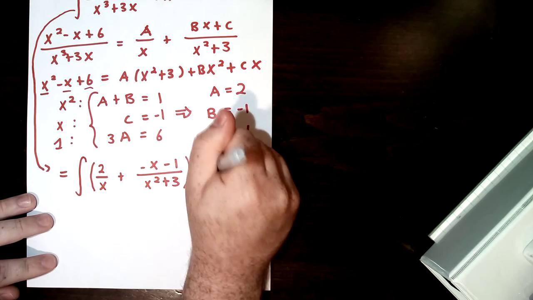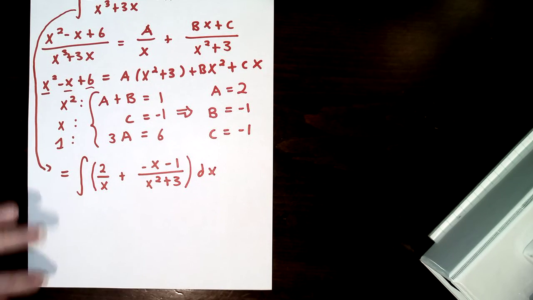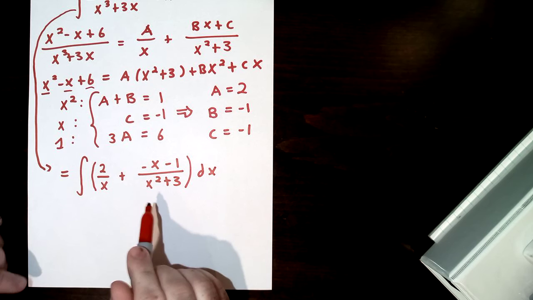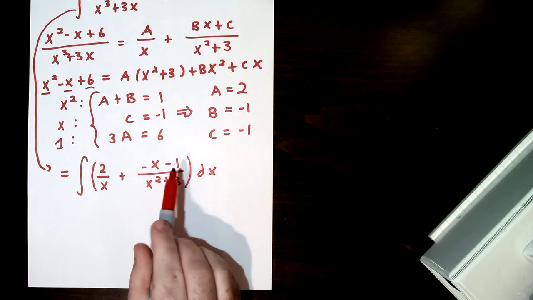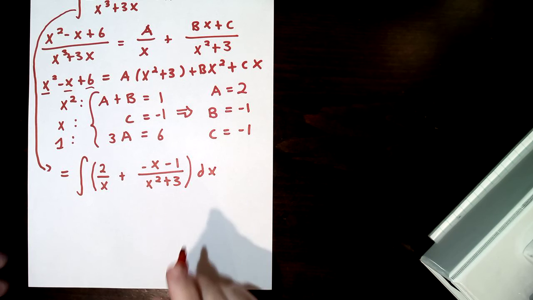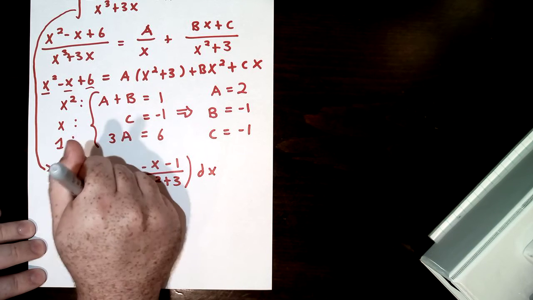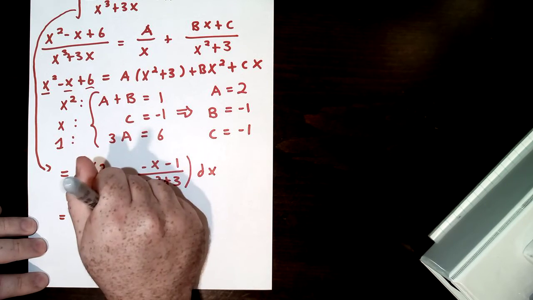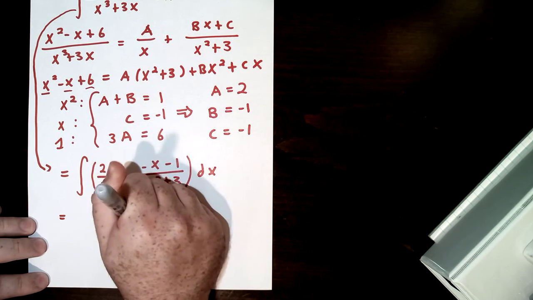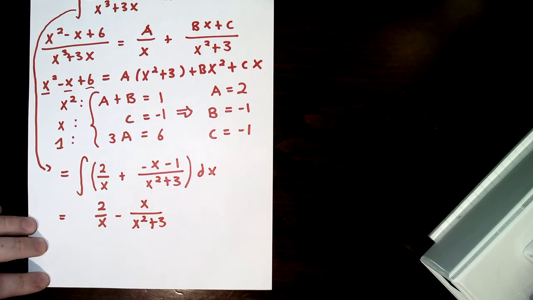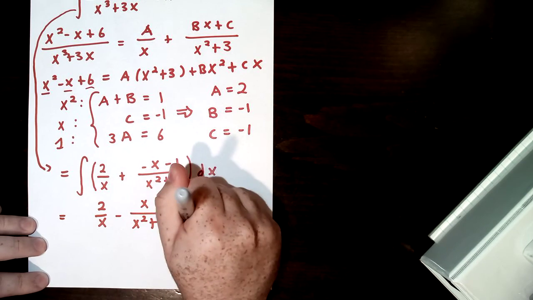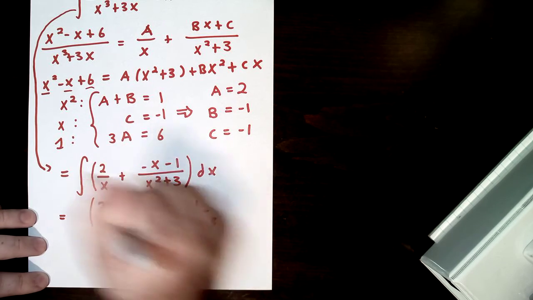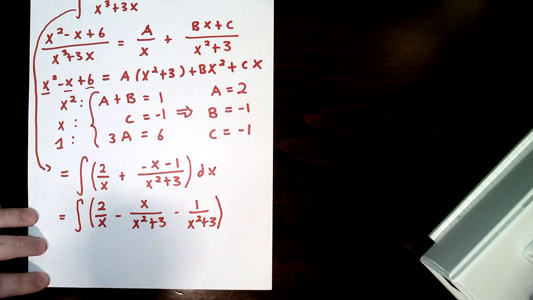And what I'm going to do is the -x minus 1 over x squared plus 3, I'm going to go ahead and split it as the sum of -x over x squared plus 3, and then -1 over x squared plus 3. And I'll just write that out. So it's going to be 2 over x minus x over x squared plus 3 minus 1 over x squared plus 3. So we're going to evaluate the integral of these 3 pieces here.